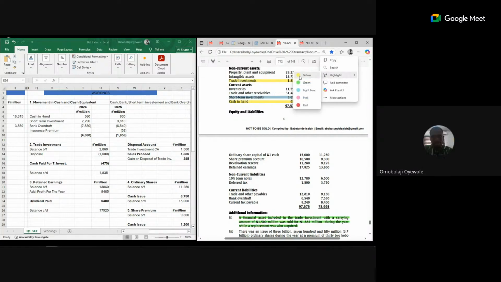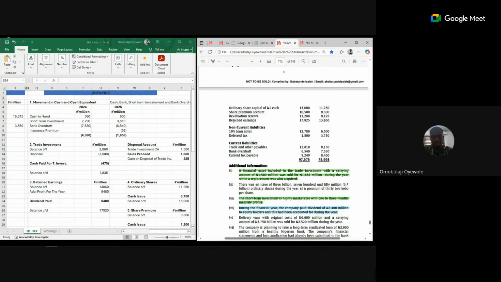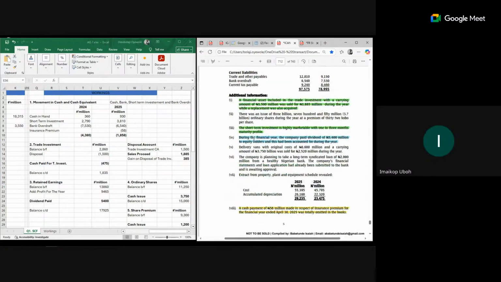It's not a must that you finish first. As you are doing it, be posting, so long as you understand the concept behind whatever you are posting. Exactly. So we have dealt with our share premium account as well, and we have used our retained earnings to confirm our dividend paid. So let me highlight this as well.